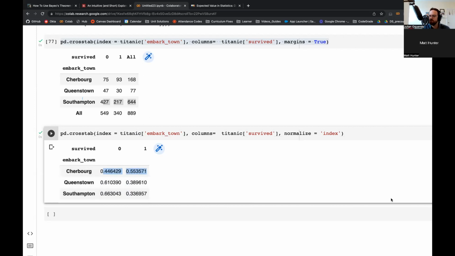Because what this helps build into is how Bayes' theorem, or the conditional distribution value, calculates a specific value when you have, for example, whether an individual survived, given that they're from Cherbourg. That is essentially why you would use a distribution table like this.